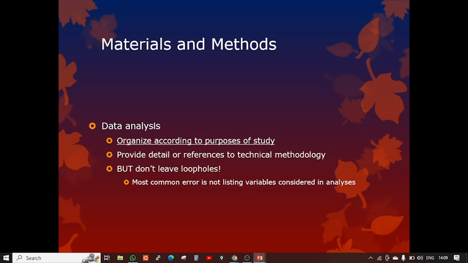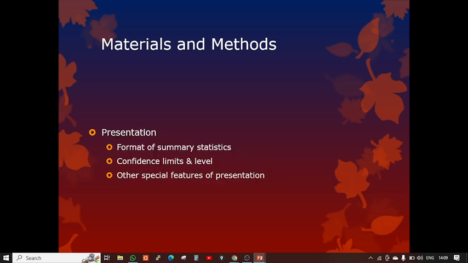Whenever you write all these things, write them in the materials and methods sections. Then the format of summary statistics, confidence limits, and all special features or presentations should also be written in the materials and methods section. If you are using some statistical tools like the t-test or F-test, you have to mention them.